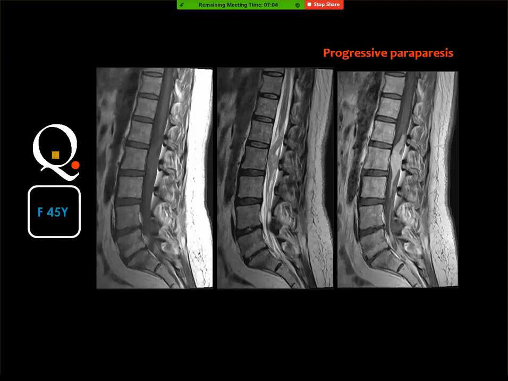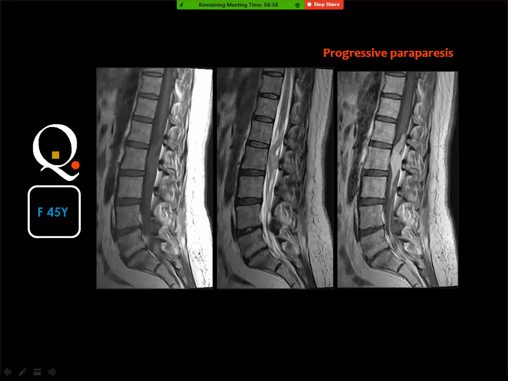Yes, and you see a lesion of intermediate signal in the T1 and in the T2 with significant post-contrast enhancement. Then what do you think of this lesion? Is it a meningioma? Is it an exophytic ependymoma?